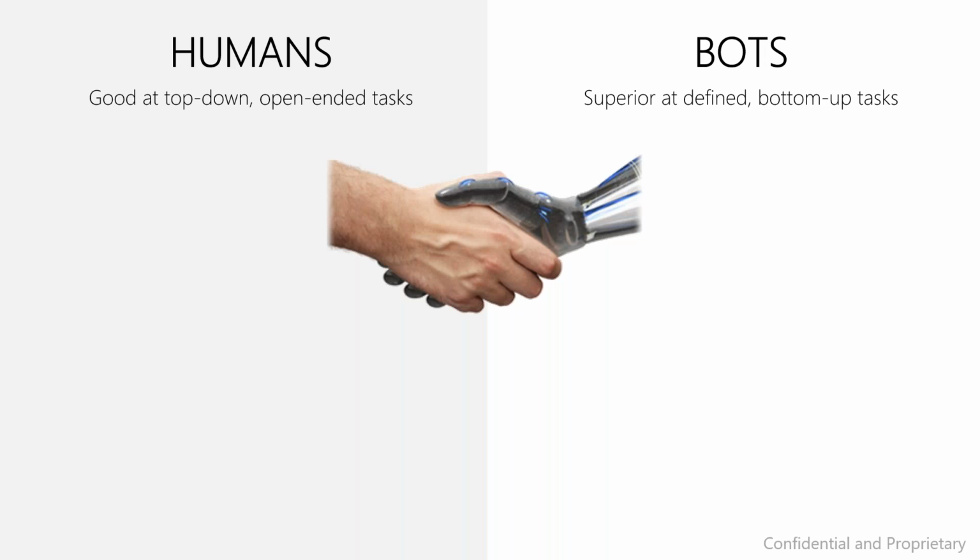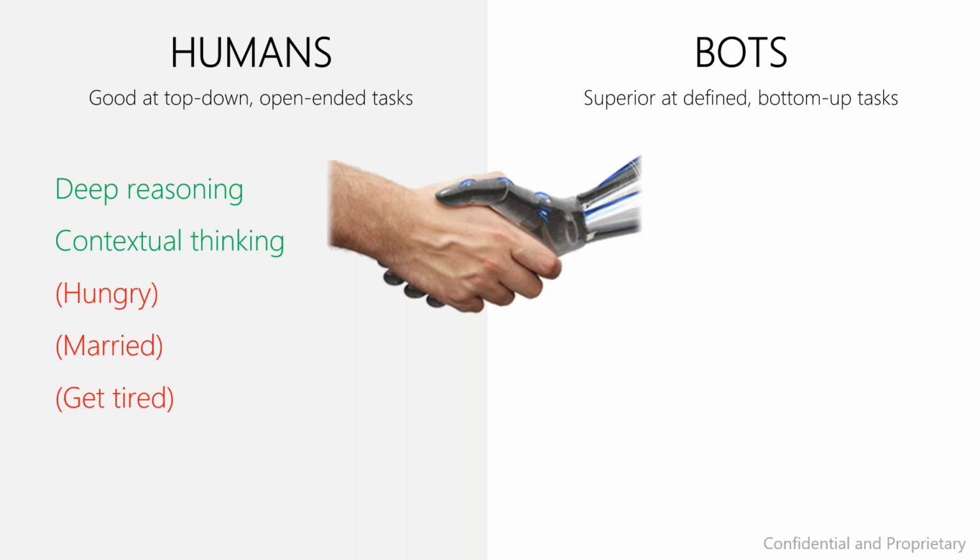So as of today, humans are better at top-down or open-ended questions. I'll give you an example. Where should I open my next branch? It's an open-ended question, right? And there's a big but here. They don't scale, and they also get hungry, married, tired, and so on and so forth, because they're human beings, right?